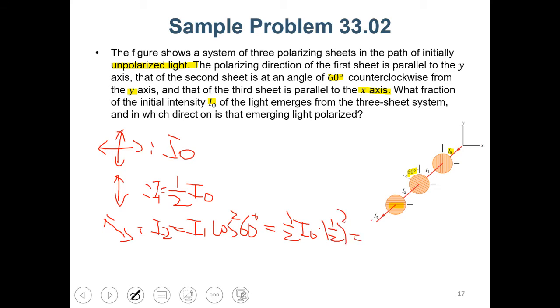So it is 1/8 I0. This is I2. For I3, this one and this one have an angle of 30 degrees.